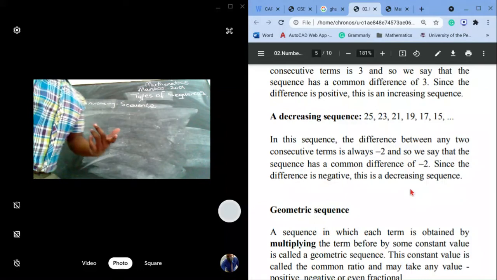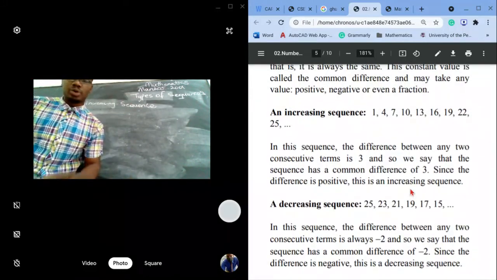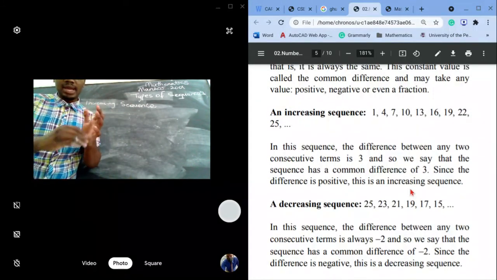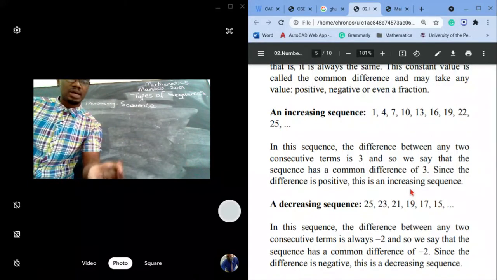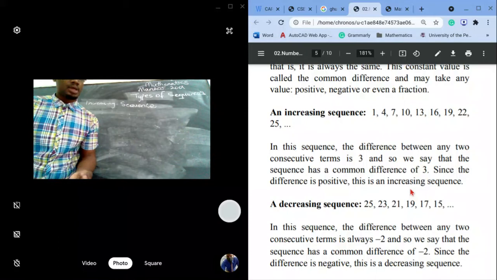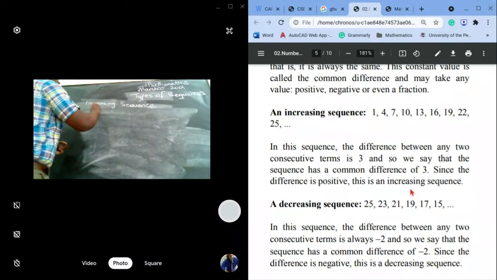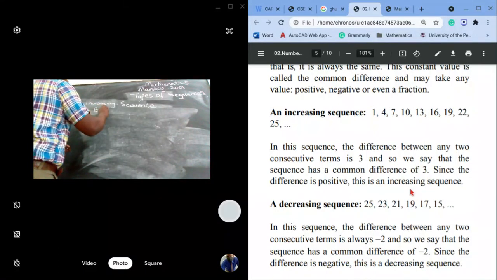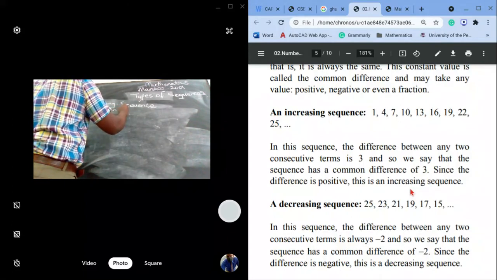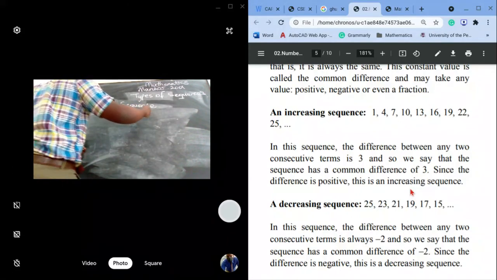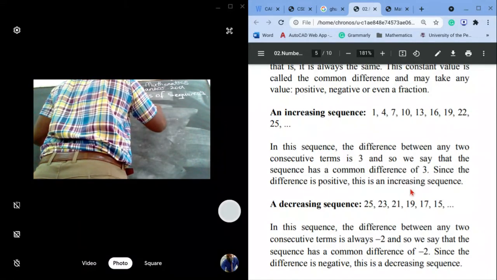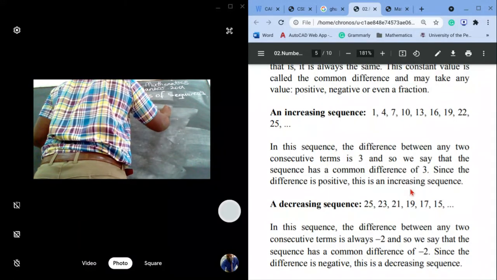An increasing sequence, as the term suggests, is where between any 2 consecutive terms, there's a common difference of a constant positive value.